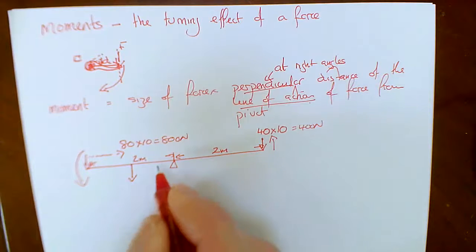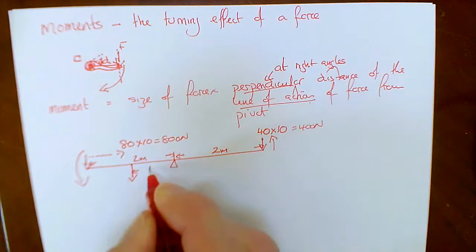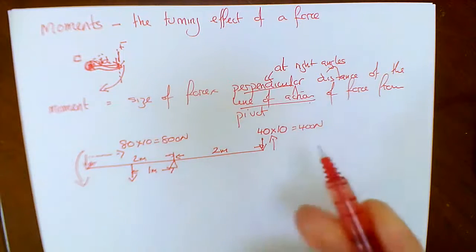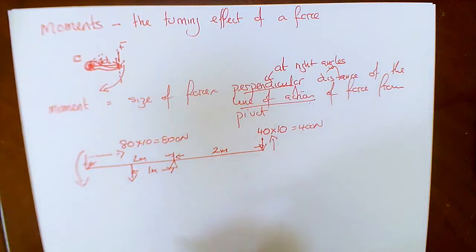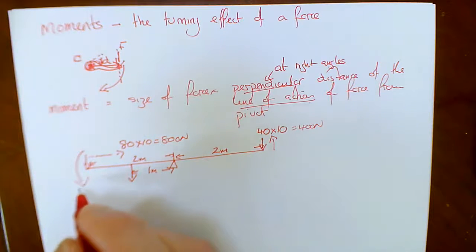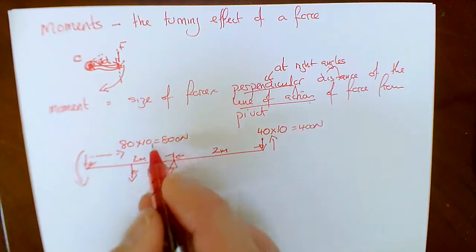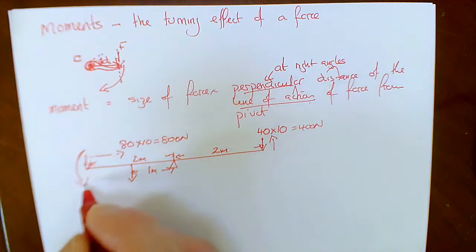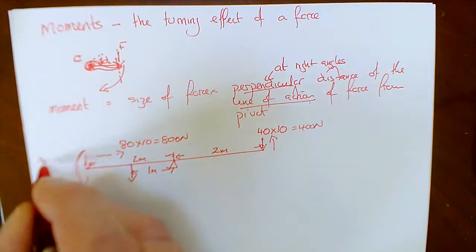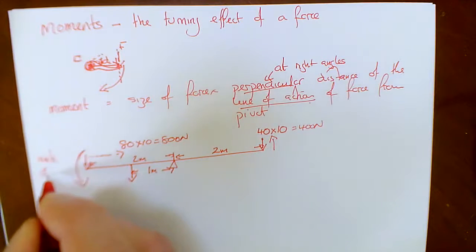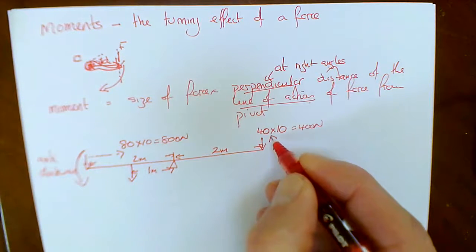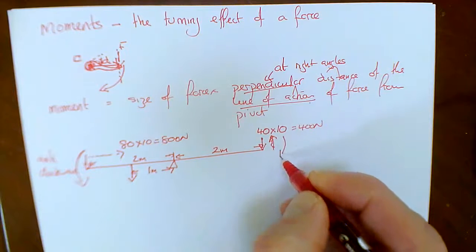Then you can probably see that if I double the size of the force to get the same turning effect, I would have to cut the distance in 2. So you can see here that my 800 newtons is trying to turn the whole thing this way, anti-clockwise. Whereas the 400 newtons is trying to turn it clockwise.